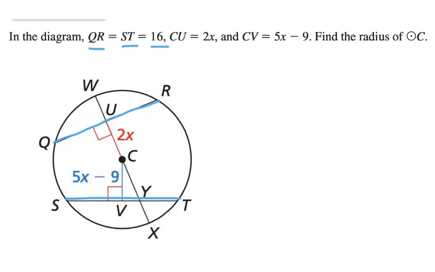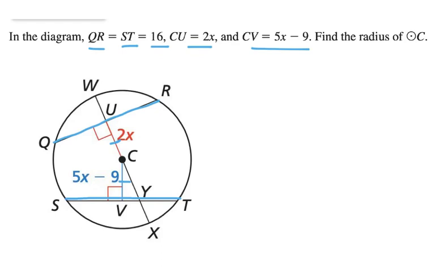We can see that segment CU, the distance from the center to the chord, is 2x, and CV is 5x minus 9, and we're asked to find the radius of circle C. So let's start by thinking about the fact that we have an algebraic expression for the length of CV and CU, and knowing that they are the distances from the center to chords of equal length, we can figure out what x is. So go ahead and do that now.